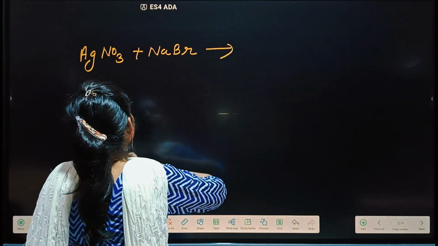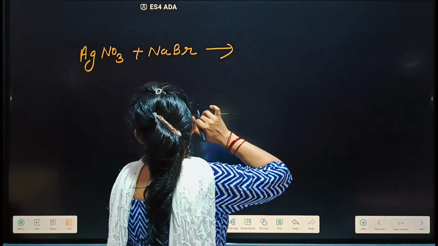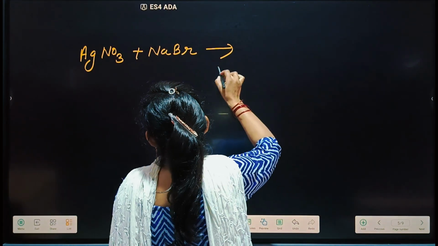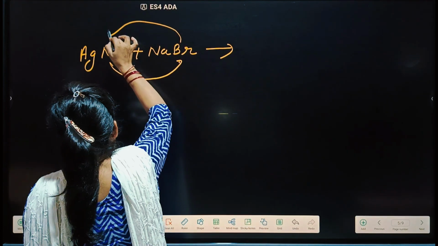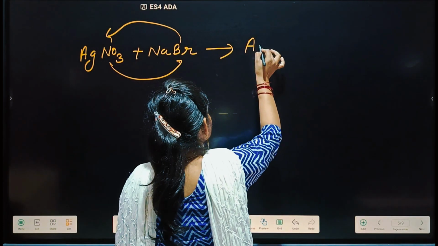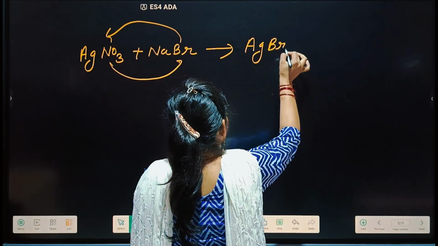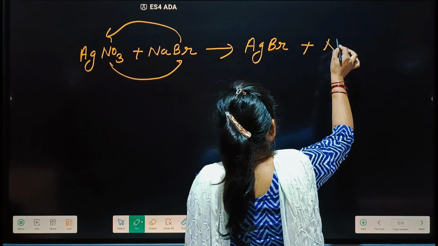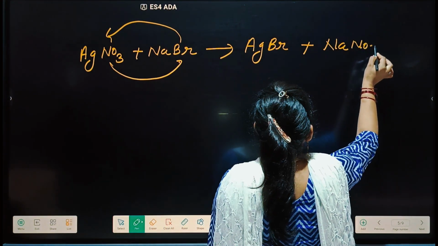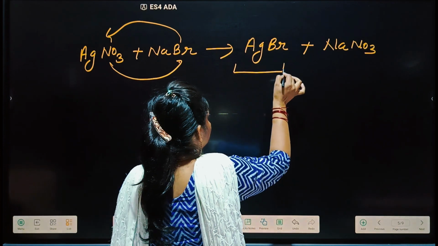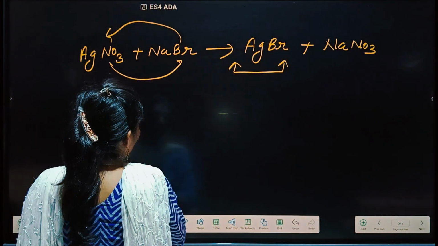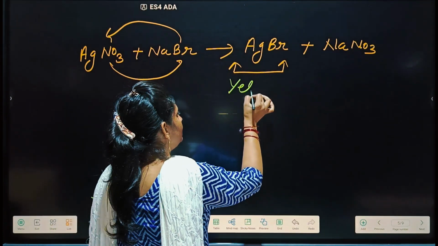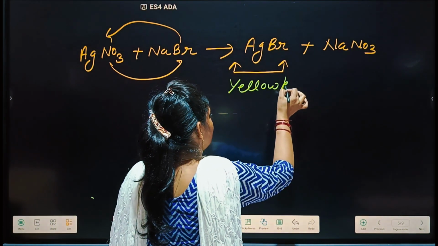After the double displacement reaction, it gives us AgBr plus NaNO3. The yellow precipitate is formed due to the formation of AgBr.